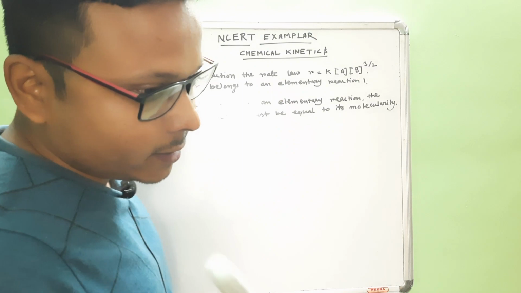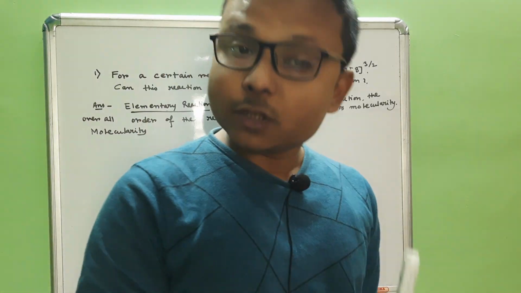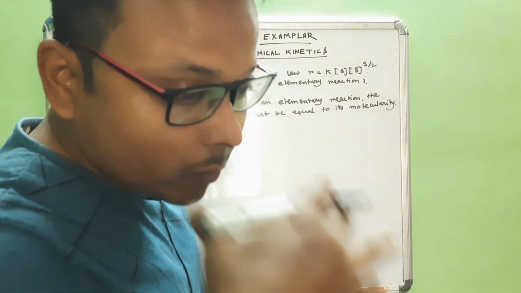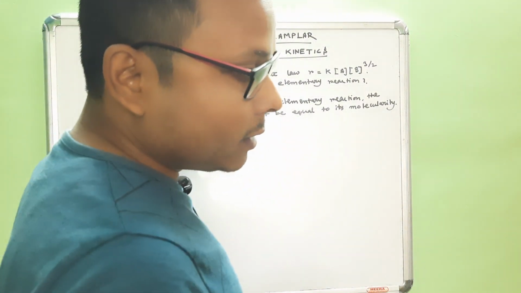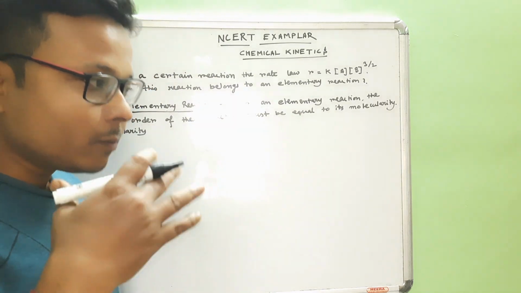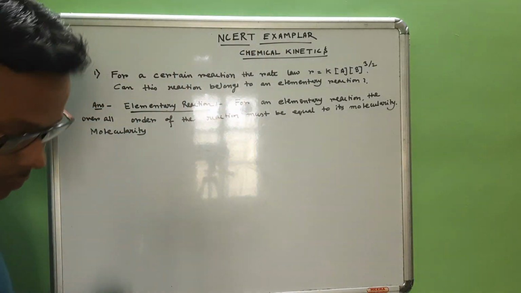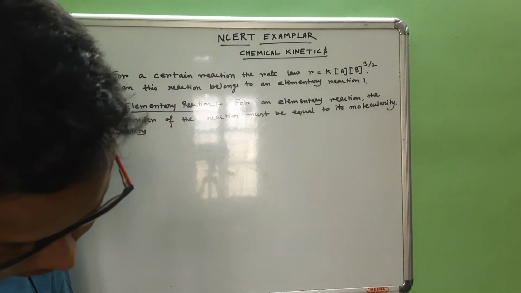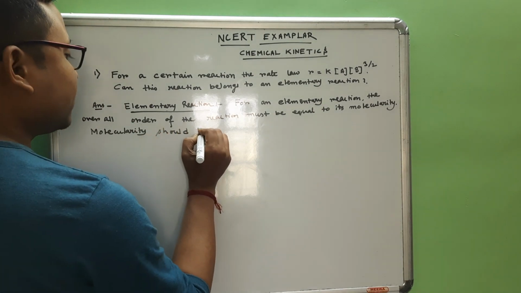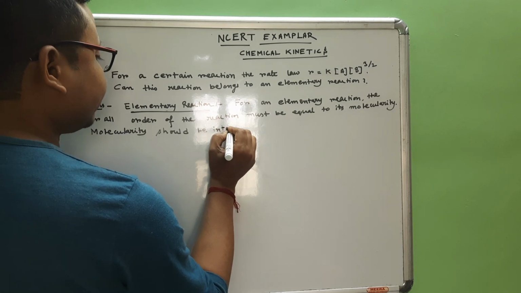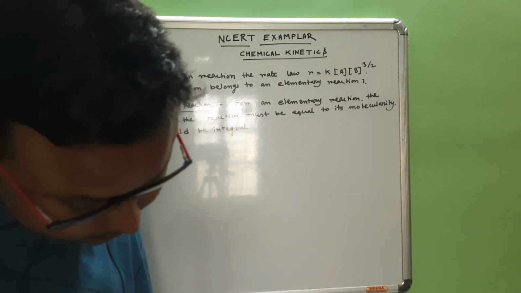Molecularity is nothing but the number of molecules taking part in the rate determining step, that is, the slow step. As molecularity involves the number of molecules taking part in the rate determining step, molecularity should be of integral value.